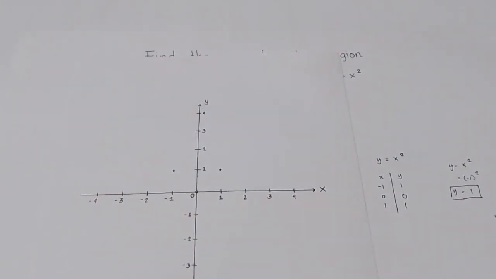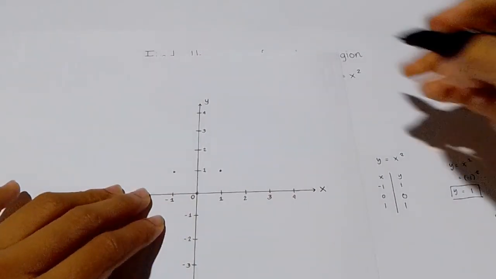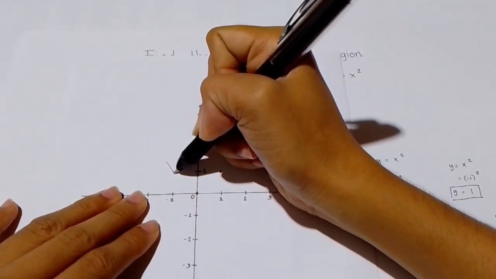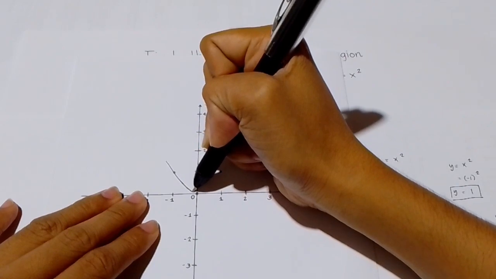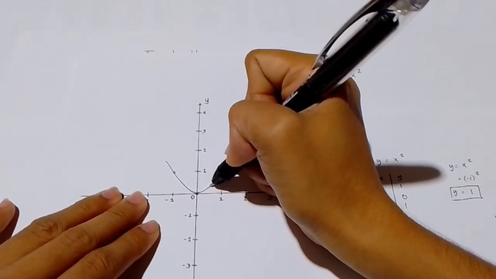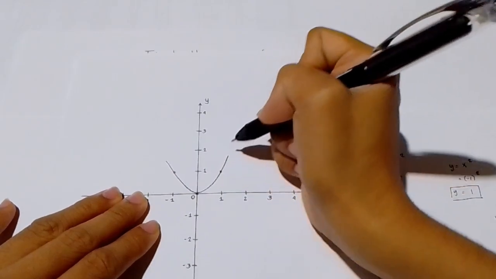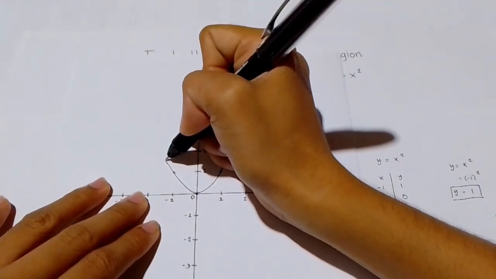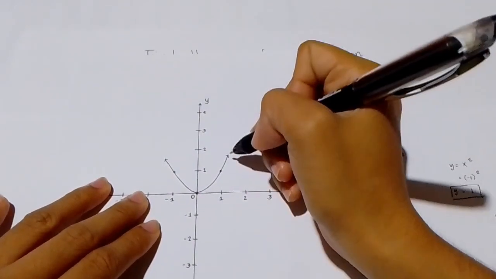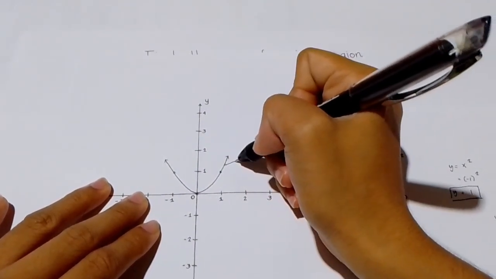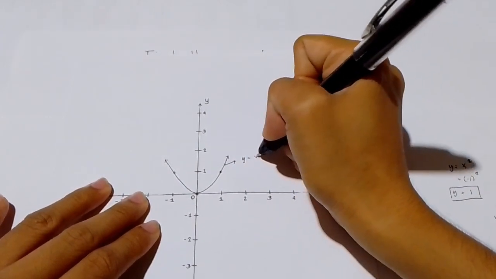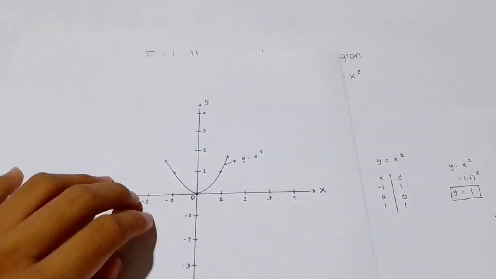Now, we're going to connect these points. So this is now our y is equal to x squared graph.